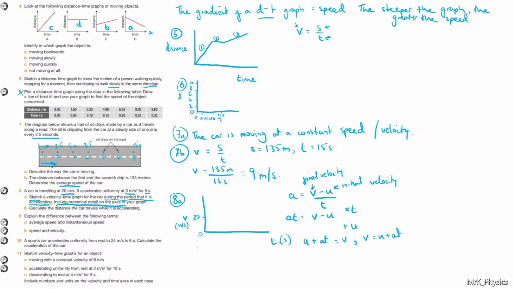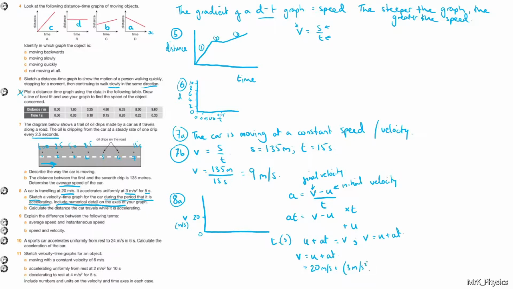Well, in this case, have a look at the info that we've been given. We've been given the acceleration, which is 3 meters per second squared. We've been given the time, which is 5 seconds. We know the initial velocity is 20. So v equals u plus at actually becomes, let me do it on a different line, 20 meters per second plus 3 meters per second squared.